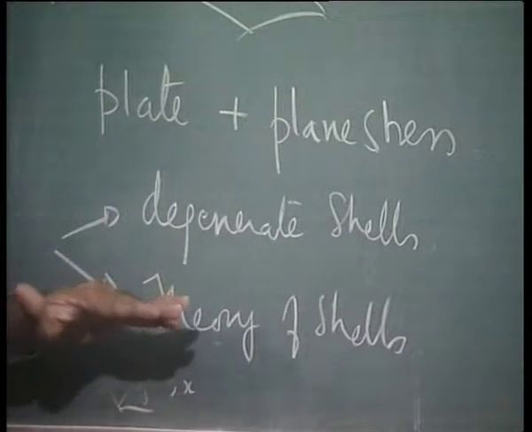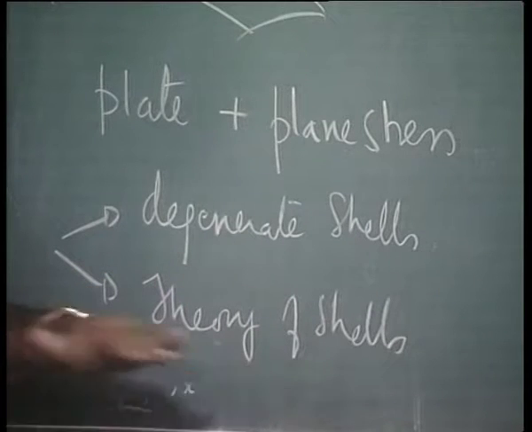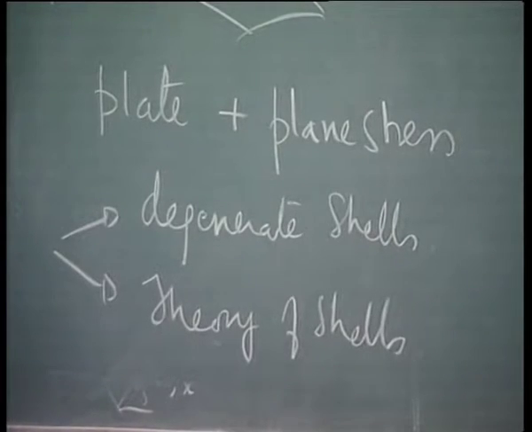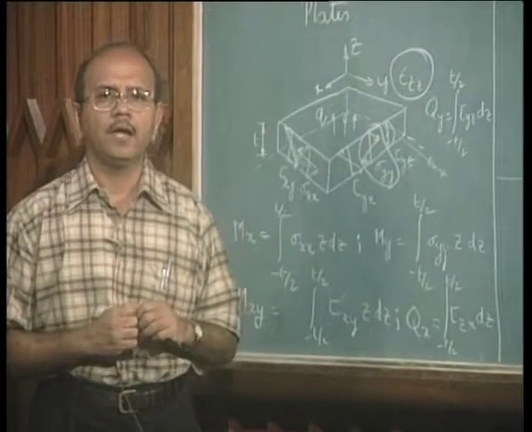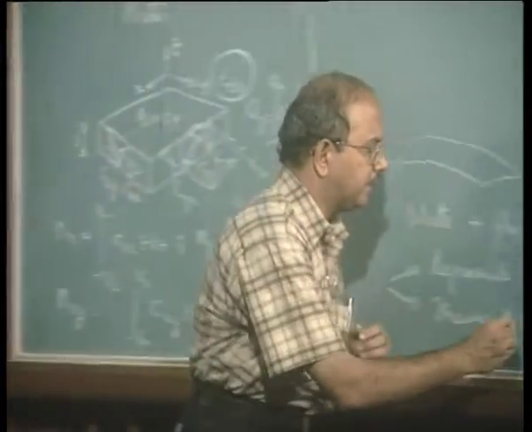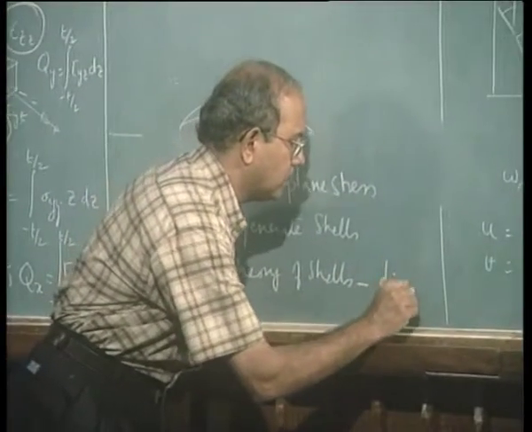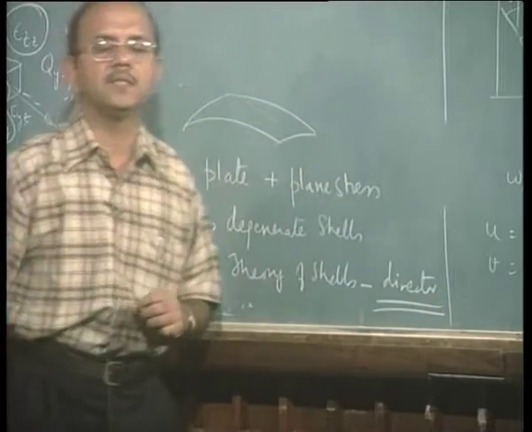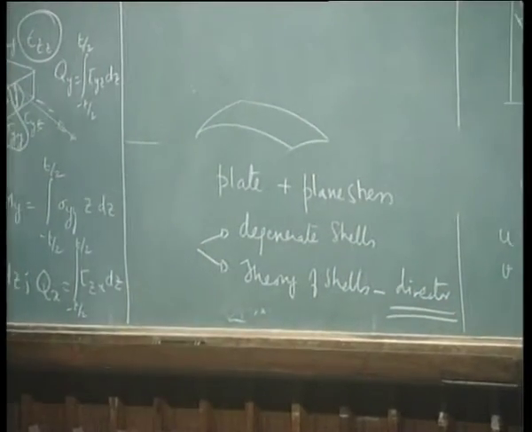The theory of shells is quite involved, a lot of things have to be understood here. For example, these theories are based on what are called Cosserat continua, and their fundamental basis is what is called a director theory.